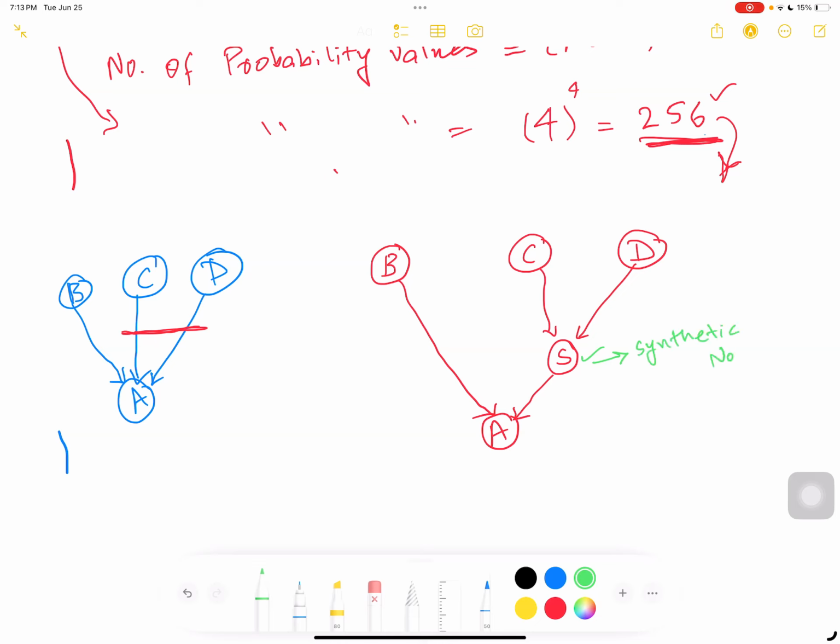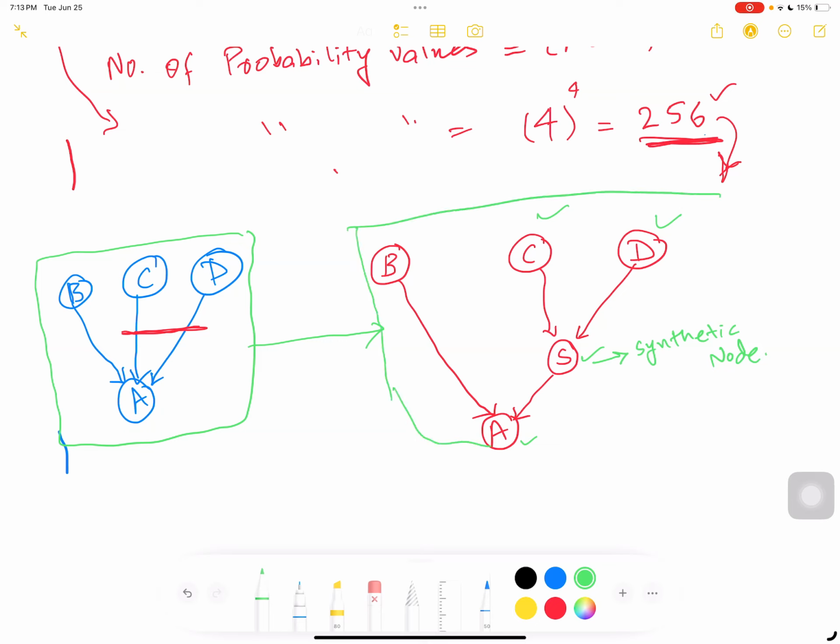This node is a child of C and D, and it becomes the parent of my node A. So this was my initial network, and this is my network after I applied the divorcing method on the Bayesian network.